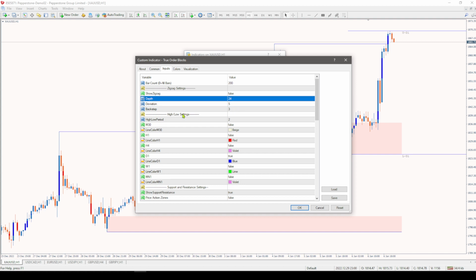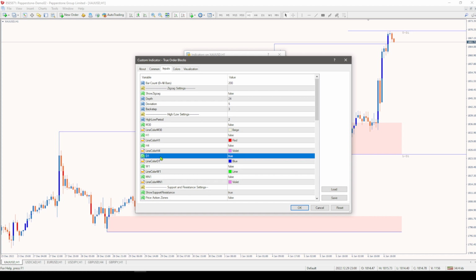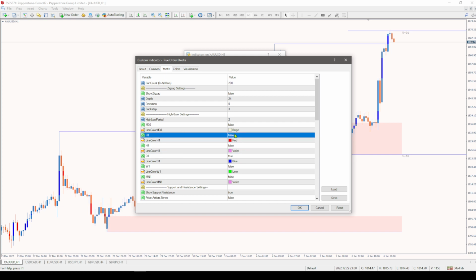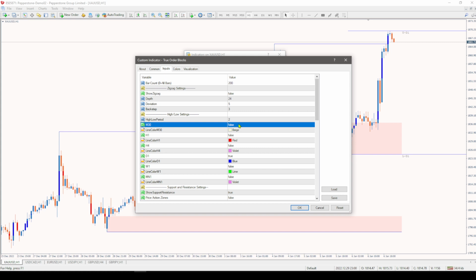Now go to the high-low period. I am a day trader, so I prefer to check the daily high and low so I can decide where the market is going. But if you are a scalper, you can use the H4, H1, or 30-minute time frame.